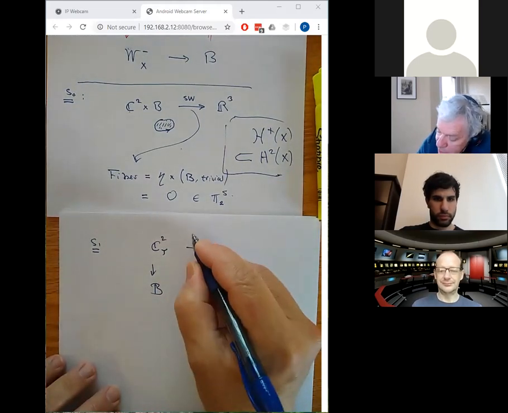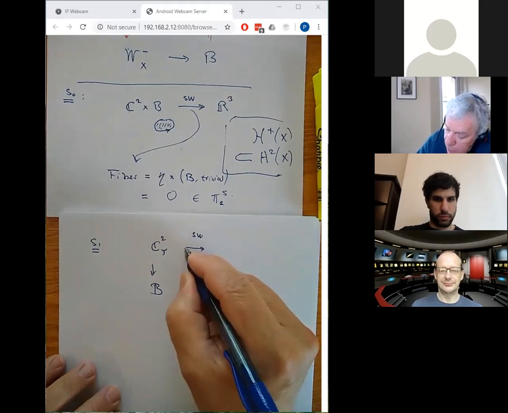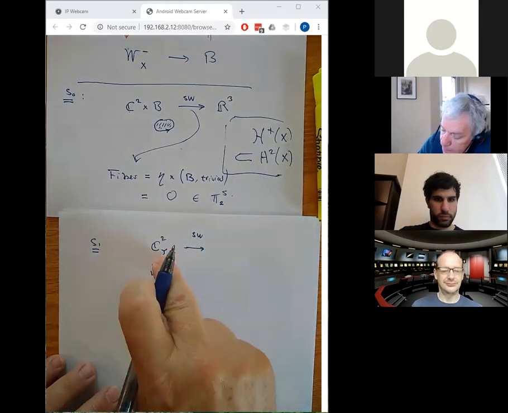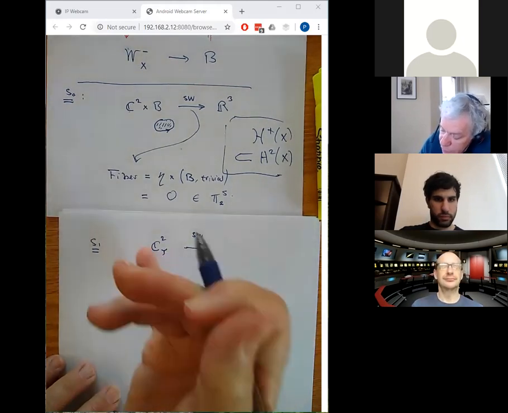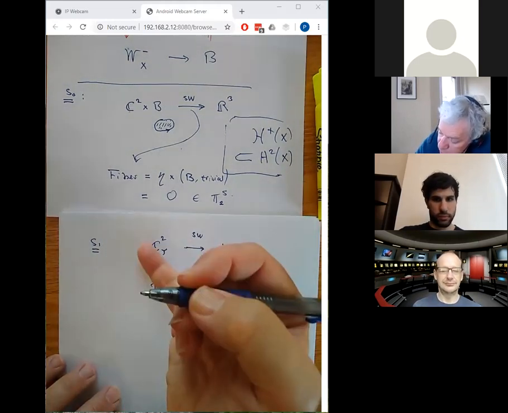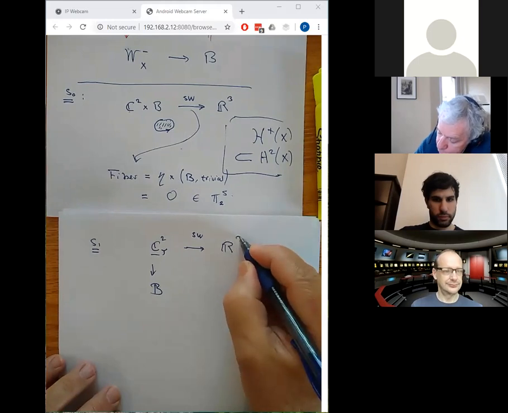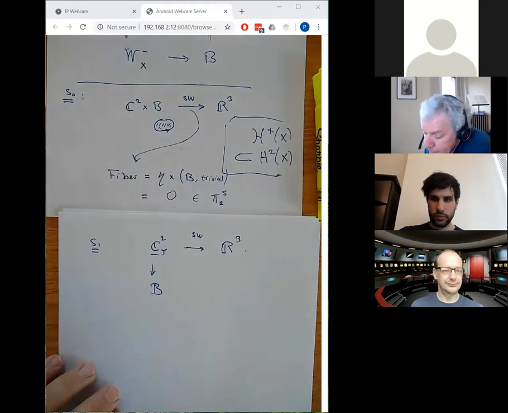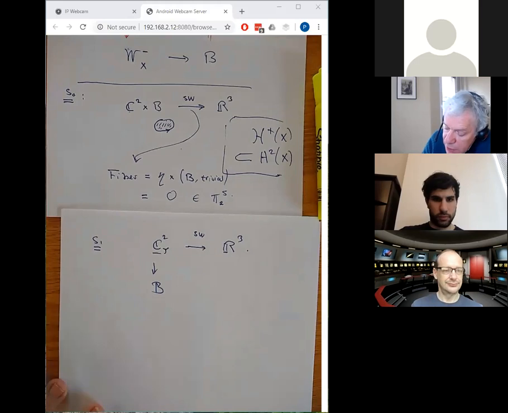But the map SW commutes with the map -1. So there's an interesting, well-defined map here from the C2 vector bundle to R3. This is what we get for the twisted guy.